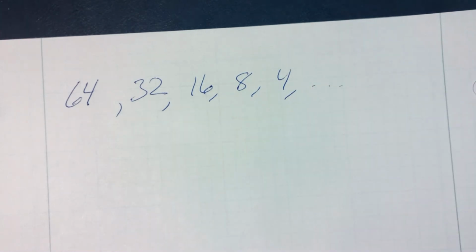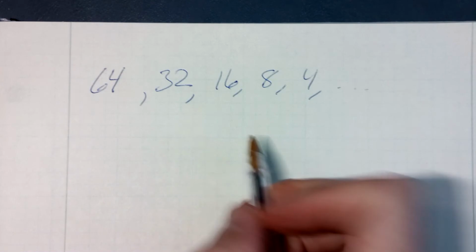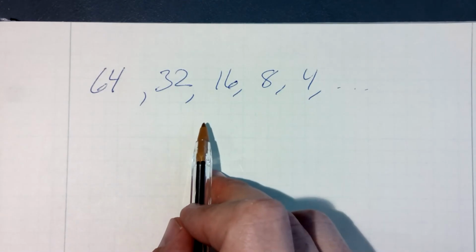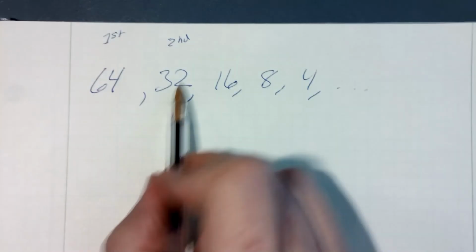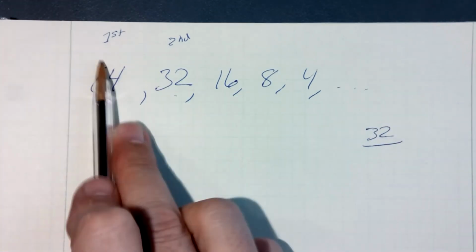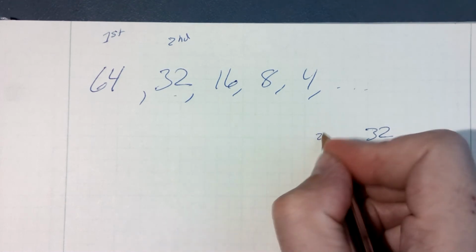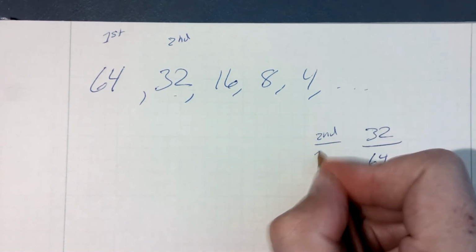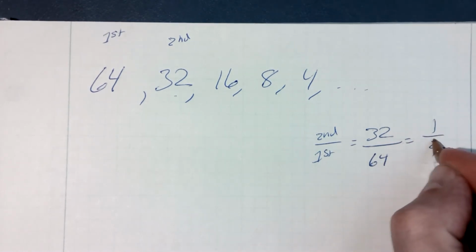Again, you need to first figure out what you're multiplying by. If it's hard for you to figure that out, just remember to take a term. Normally if they give you the second and first term, you'll take the second term, which is 32, and divide it by the first term, which is 64. So you take the second, divide by the first, and that will give you what you're multiplying by, which is 1/2.